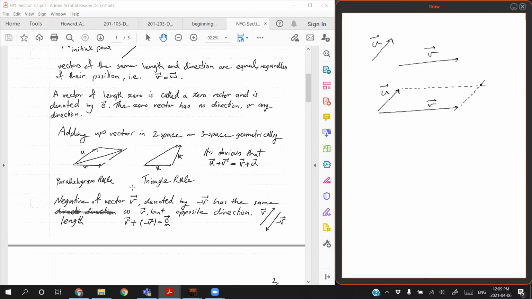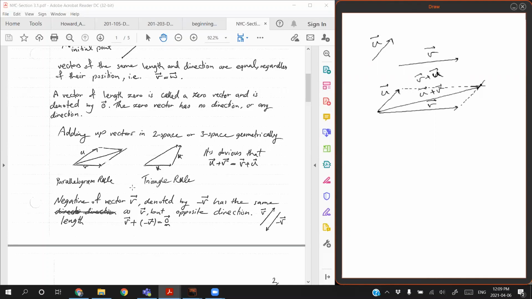It forms a parallelogram. The vector that goes from that common shared initial point to this point that we found over here, that would be the sum u plus v. And it's also clear that it's the same as v plus u. So that's the parallelogram technique or parallelogram rule.